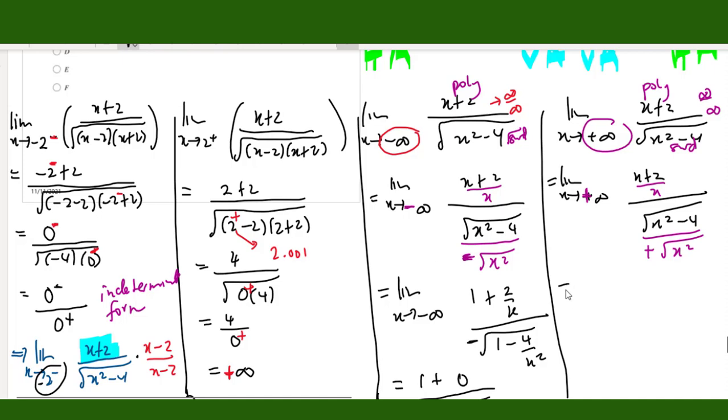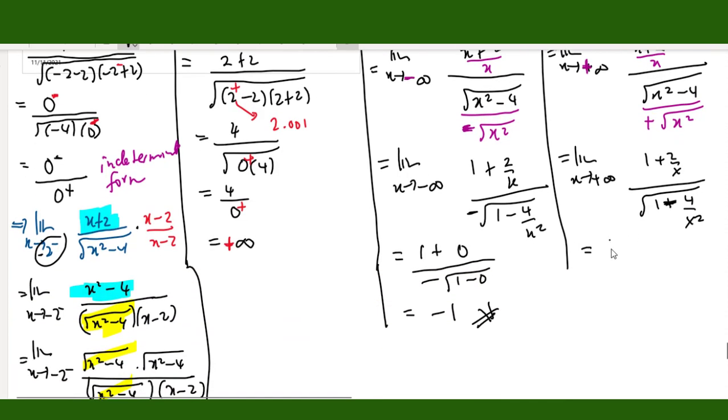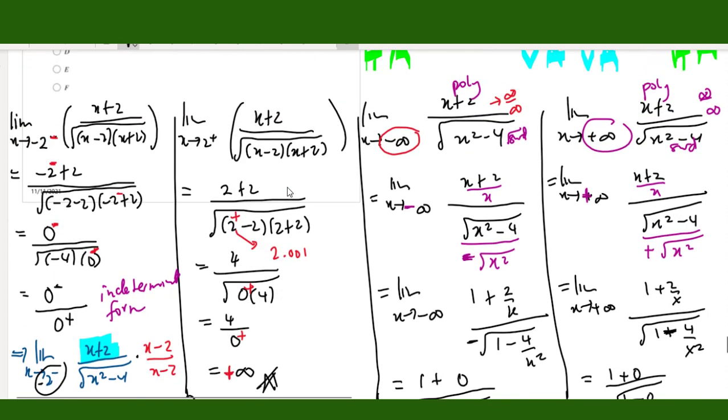Okay, and then simplify: 1 plus 2 over x, over the cube root of 1 minus 4 over x squared. Substitute value. 1 plus 0, since 2 over infinity is 0, and 1 minus 0 is equal to 1. Settled. This one also settled, right? And check.